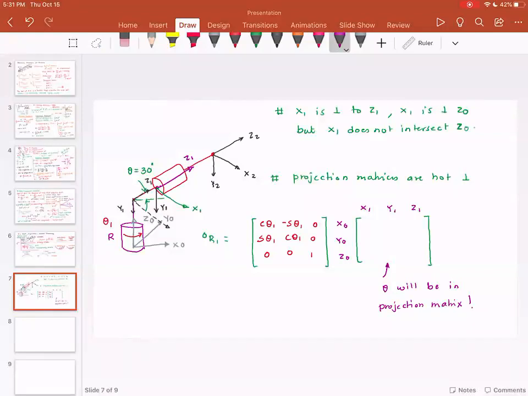And that could be a little confusing for some students, or it may not be as straightforward as we worked out before.